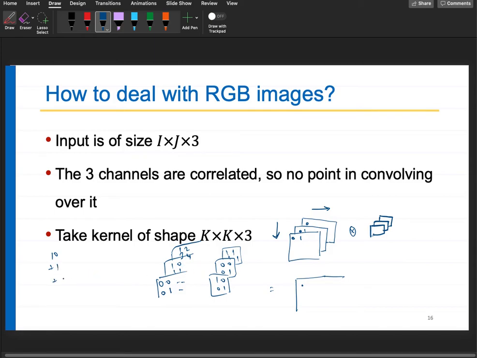Plus, what is this? This is again 1. So you get 12. And then when you scan, you will move this kernel to the right and then to the bottom. But you do not move in the depth direction because your kernel size and image size are the same in depth, and you're not convolving along the depth dimension. Okay.